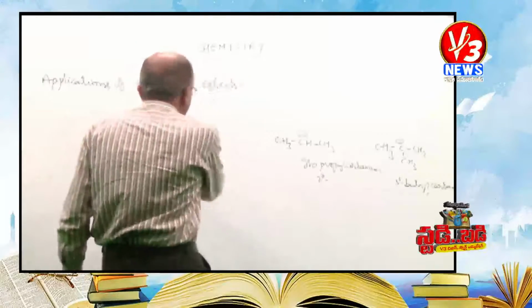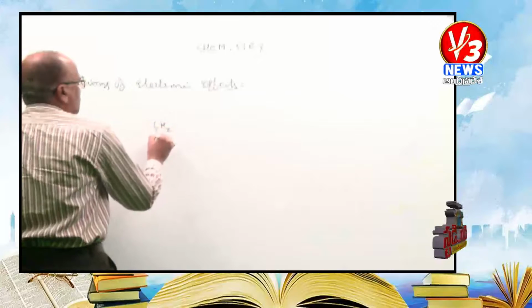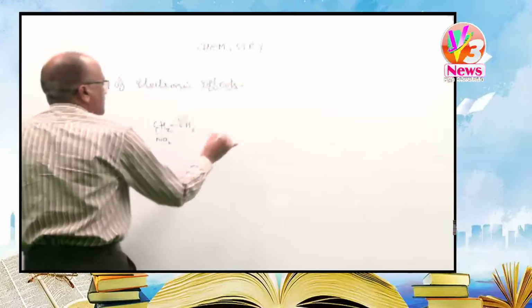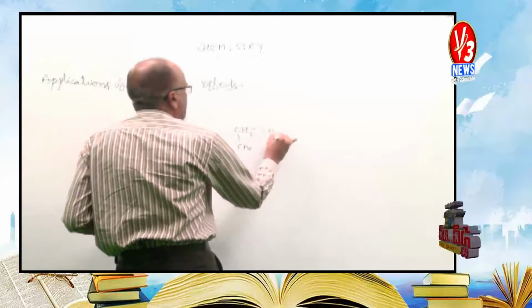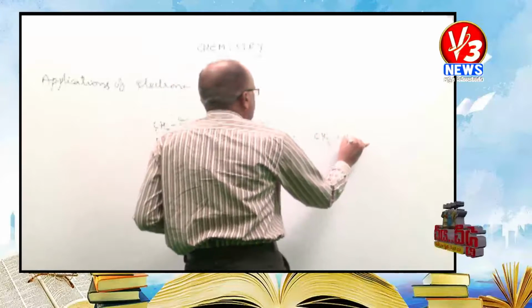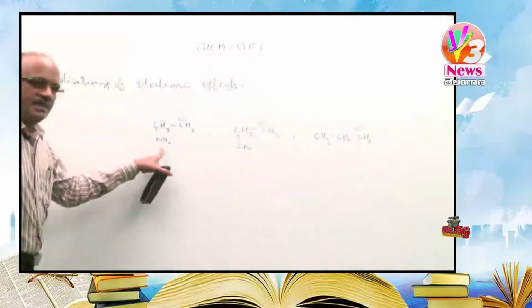Substituted carbanions we will take. Already we discussed what are minus I groups and plus I groups in yesterday's class. Okay, let this be a carbanion: O2N-CH2 minus, NC-CH2 minus, then CH3CH2CH2 minus. What is the nature of this NO2 group?